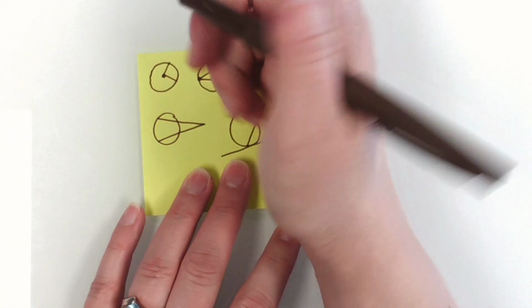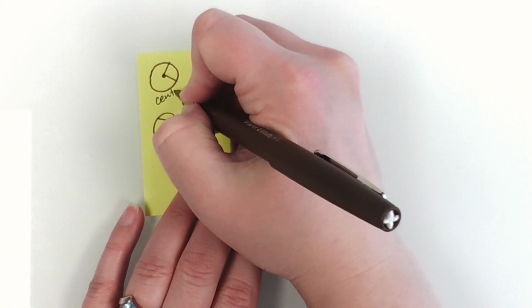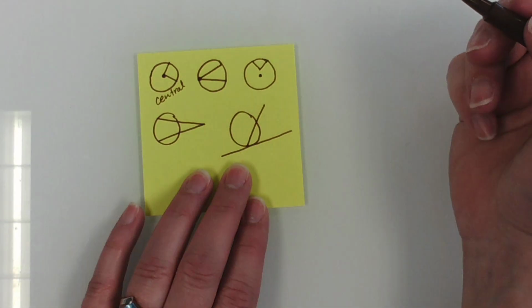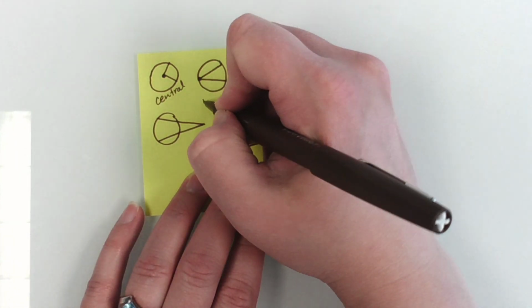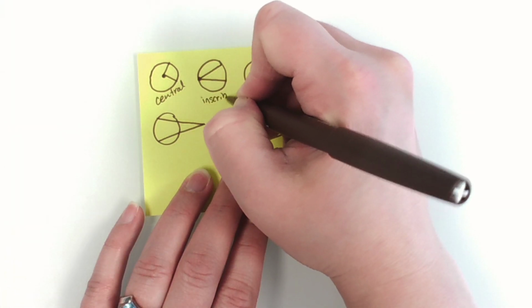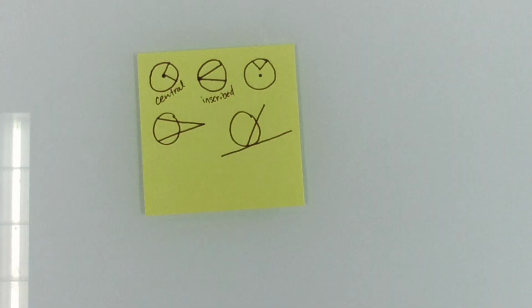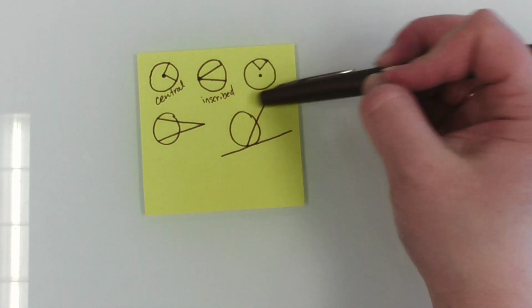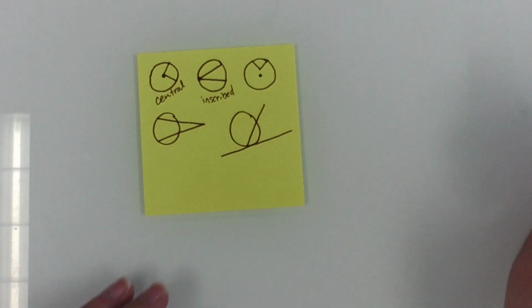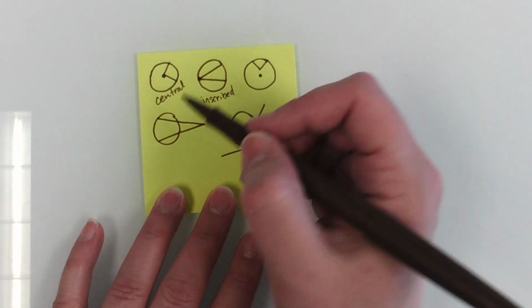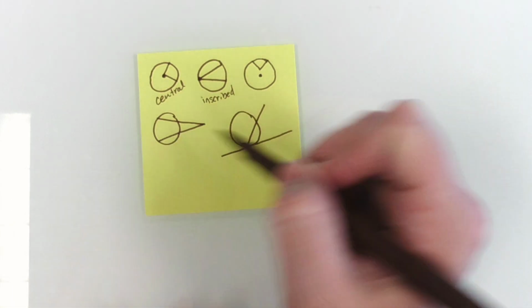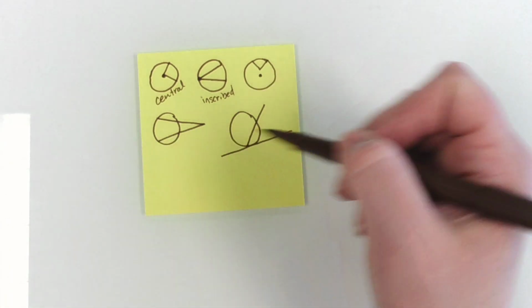We've talked about the central angles and how the angle and the arc have the same measure. We've talked about the inscribed angles, where the angle is half the measure of the arc. These ones, yeah, we don't really deal with those a whole lot. These are the two main ones that we're adding today.